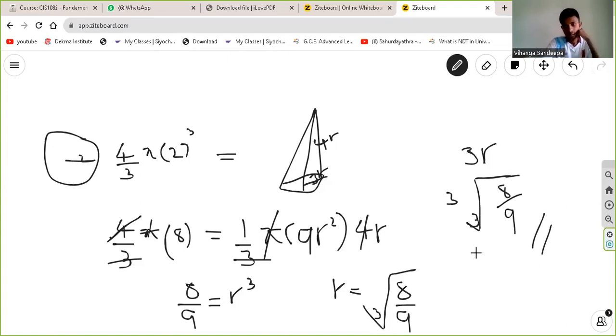Then we can simplify this in this manner. 3 into 8, 1 over the power 3.